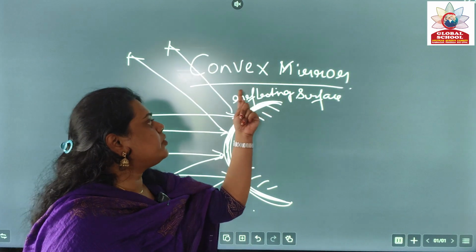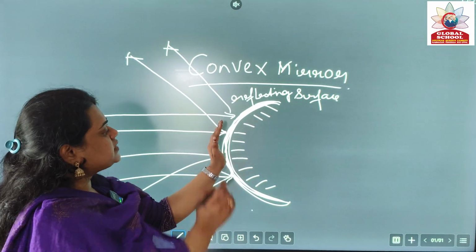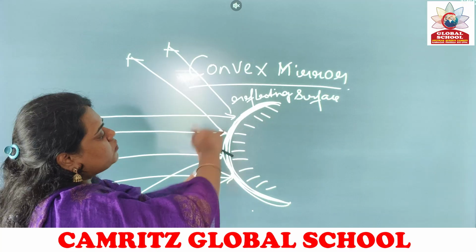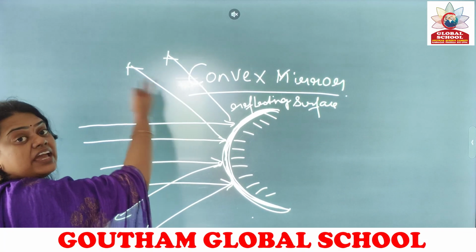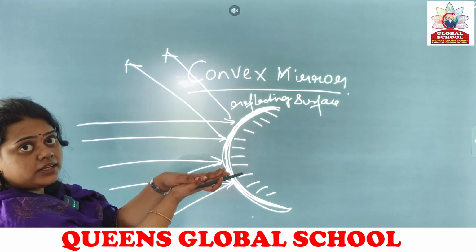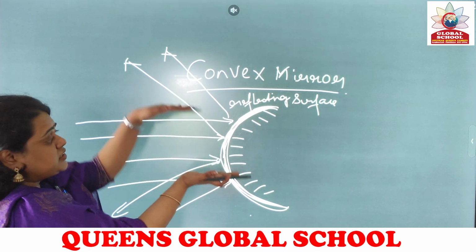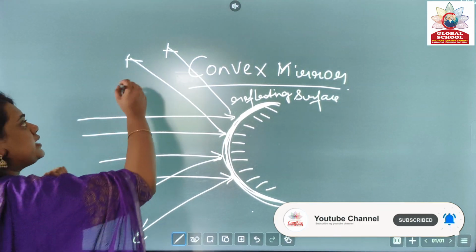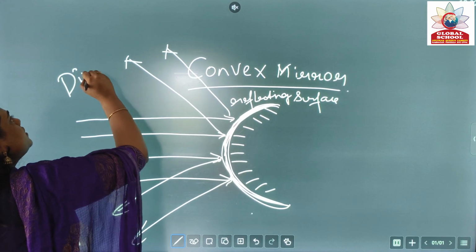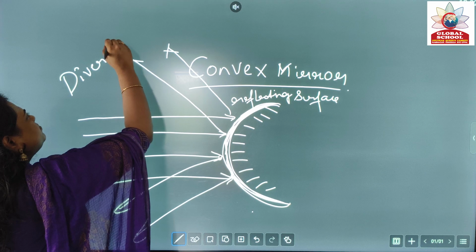Whereas talking about convex mirror, the reflecting surface is outside the C. So the light rays are diverging. They are not joining at a point here. In convex mirror, the light rays are not touching anywhere. They are moving away from each other. That is the reason they are called diverging mirrors.